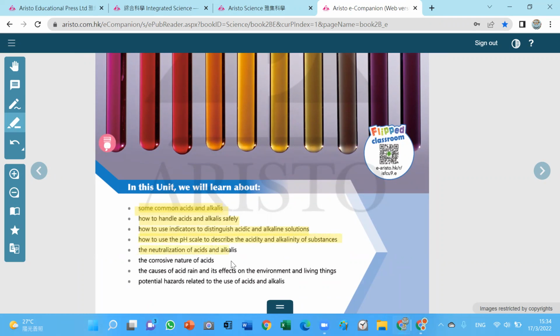We will also learn the neutralisation relation of acids and alkalines, the corrosive nature of acids, the causes of acid rain and its effects on the environment and living things, and potential hazards related to the use of acids and alkalines.